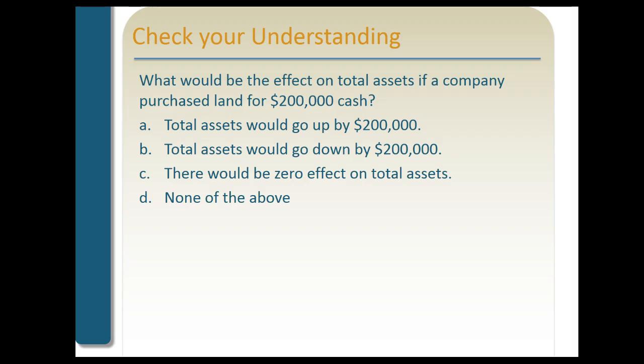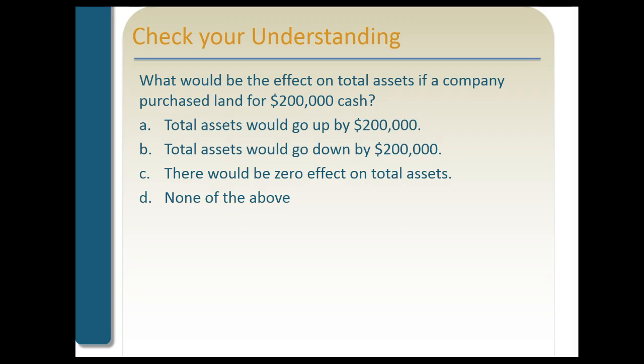Let's check your understanding here. What would be the effect on total assets if a company purchased land for $200,000 cash? What's going to happen with our assets? Remember, let's think about what are the accounts affected. If the company purchases land for cash, land is an account that's affected.